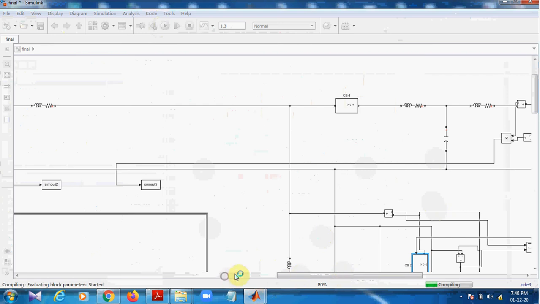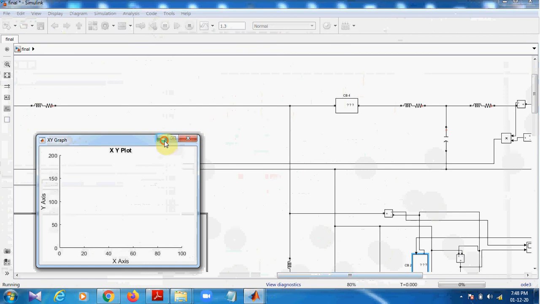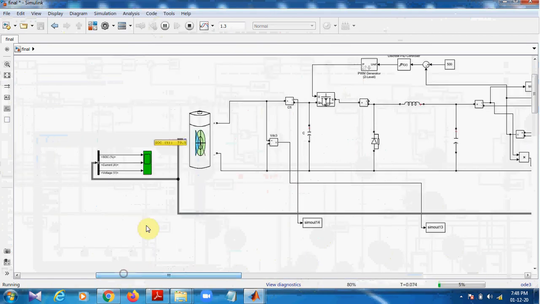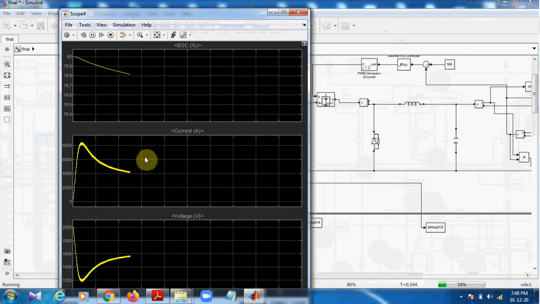So we'll see how it is working. After compilation, it will start executing. It will give some plots for different sections. See, the simulation is started. It is showing some SOC. There are various values, SOC, current, voltage, which we can see here.